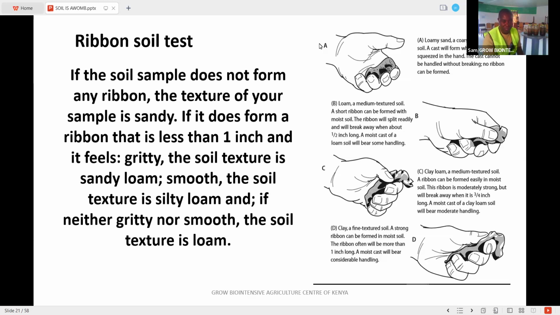Because to build 1 inch of soil naturally, probably in the forest, it takes over 500 years. But you can reduce that time to 6 years by adding enough organic matter, and you'll be able to improve your soil. All right.